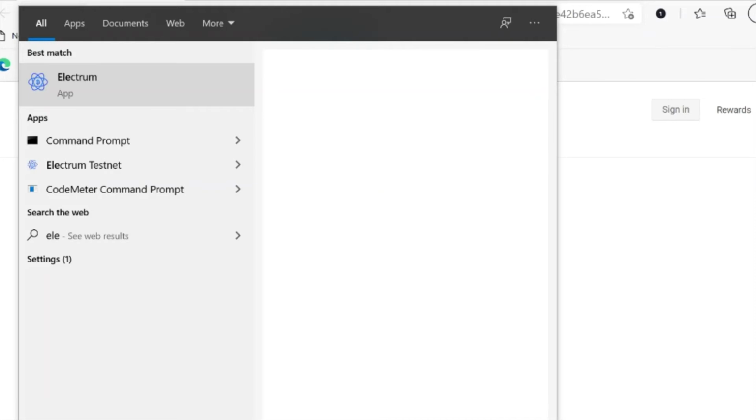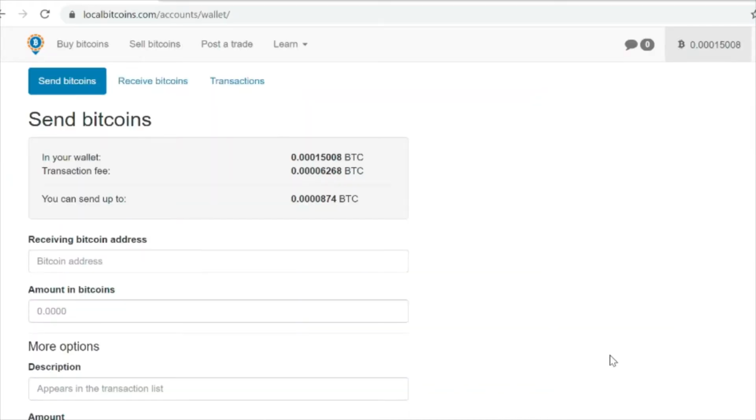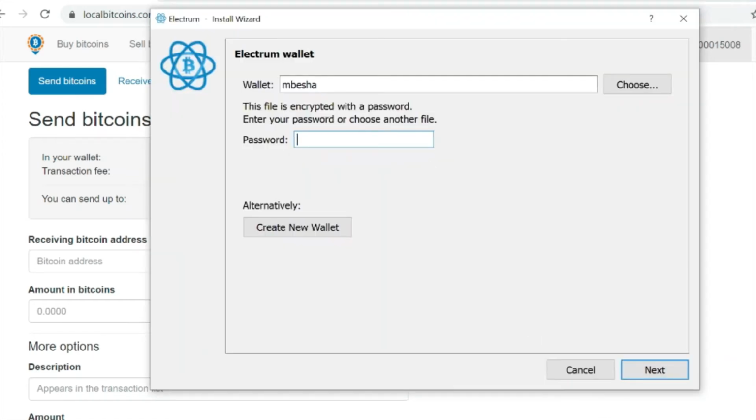The process of creating a wallet involves creating a seed. It's like your password. This is my wallet, but I want to create a new one so that you can see how it works.